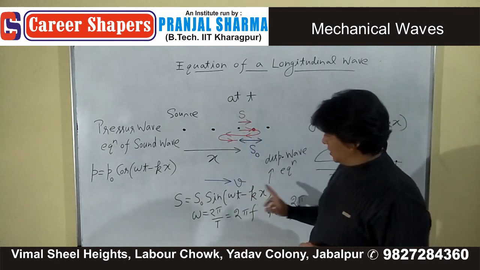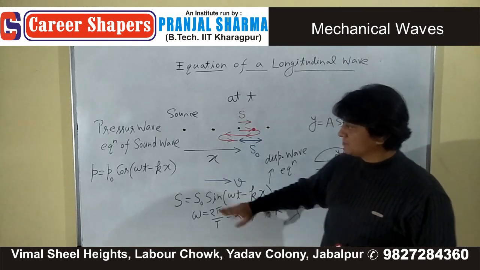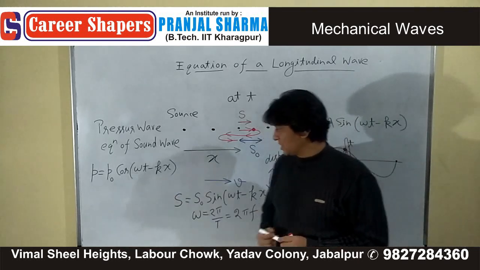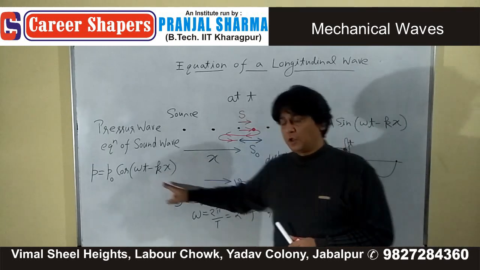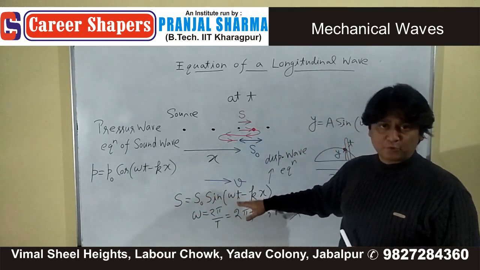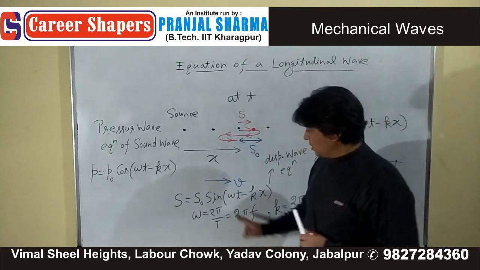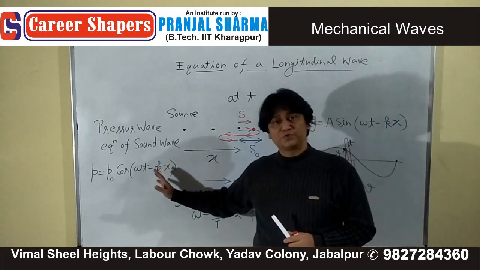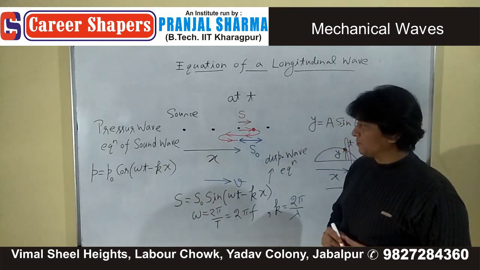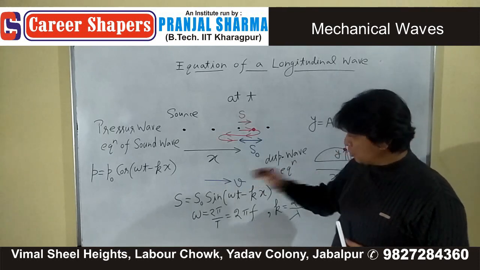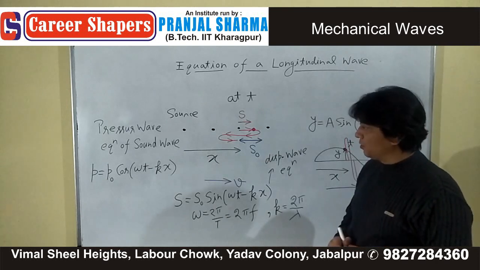We are representing the sound wave with the help of this as well as this. Without proof, I'm giving you this equation. For the displacement form, I've already given a proof in the form of the transverse equation. If somebody is interested, we can discuss how to arrive at this. Not a difficult task, but we don't need that right now.